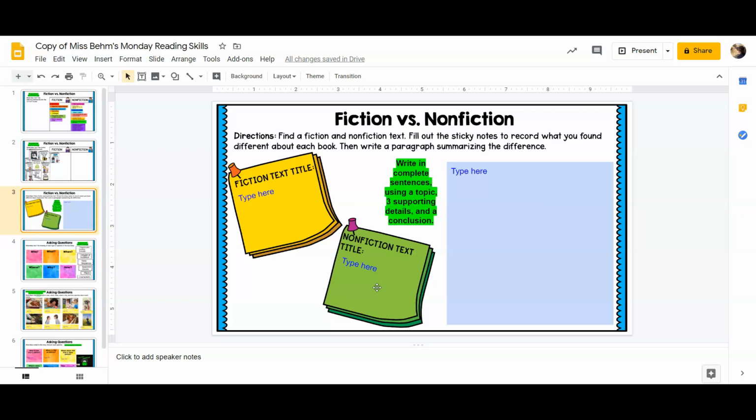Nonfiction books, I can't think of one right off the top of my head. I know with Rooted in Reading, we read some. But nonfiction books, any of the science or the social studies lessons that we've learned. You could even do the unit in social studies that we're doing now about the different people who were fighting for a cause.